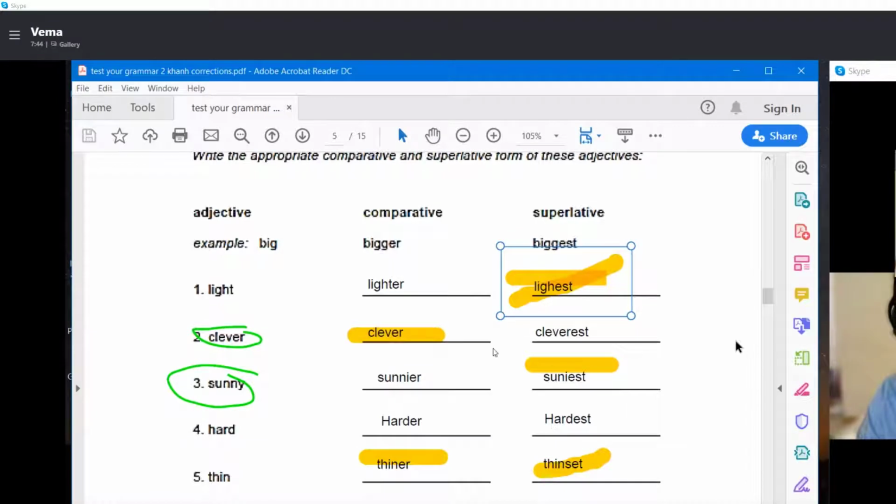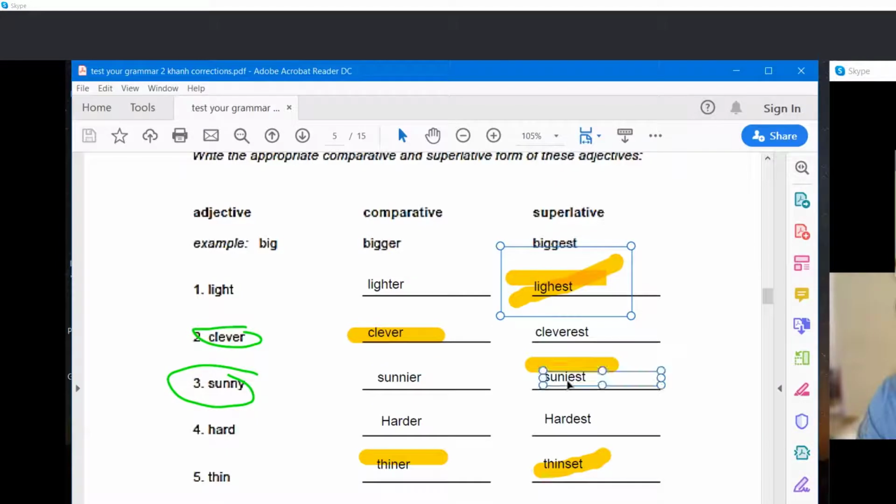All right. Clever, cleverer. You add ER. Cleverer. So clever, cleverer, because the word already ends in an E, you had cleverer.